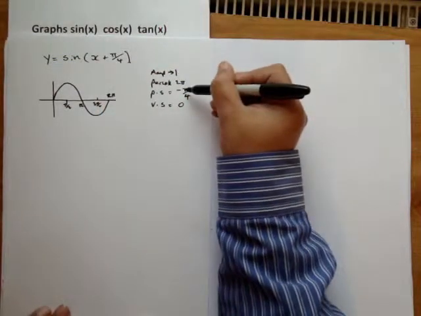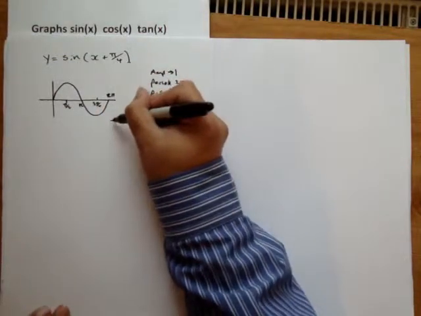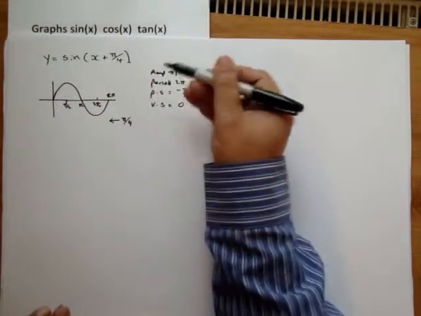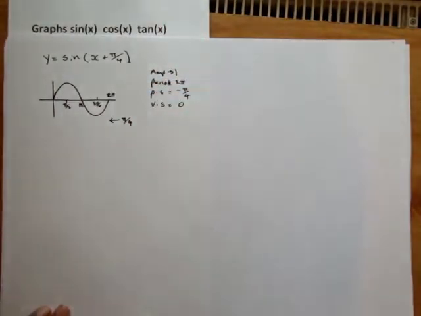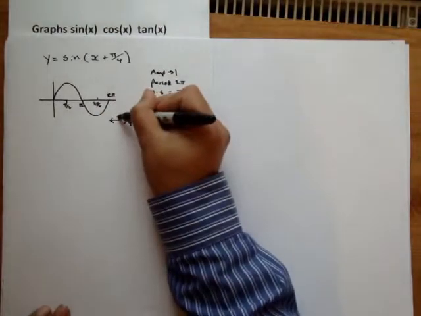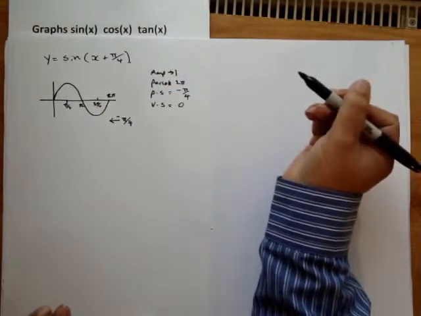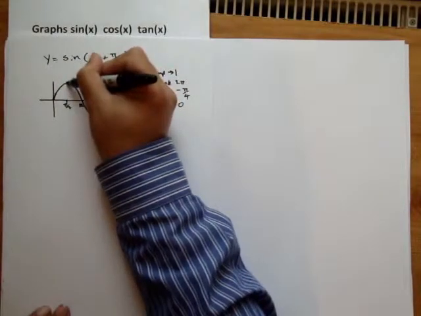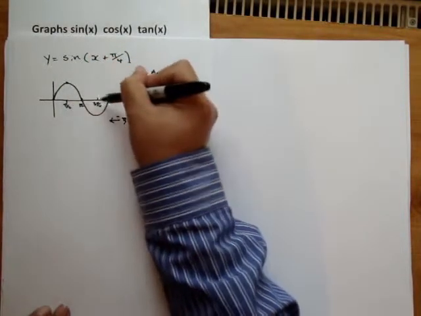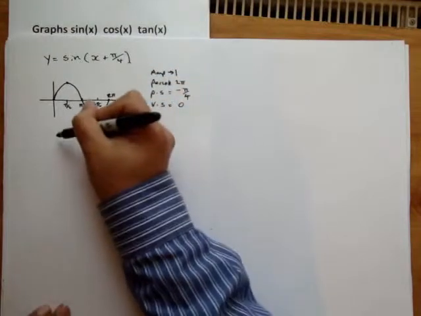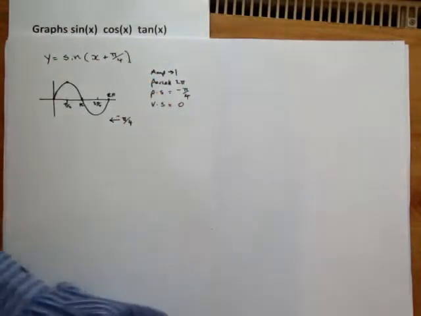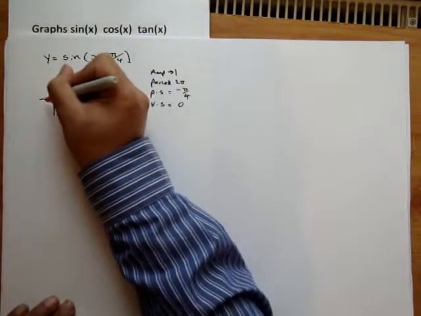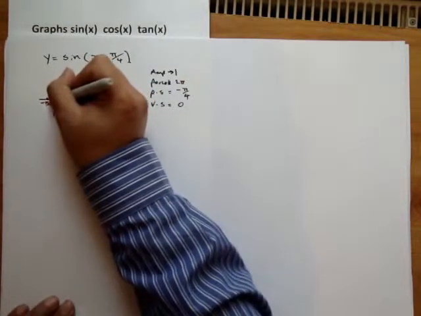And what's happened here, we want to make a shift of pi over 4 in this direction, so it's minus pi over 4. So we shift points, we choose points and we shift them pi over 4. So this would then, let's use a red pen, so this would then become minus pi over 4.